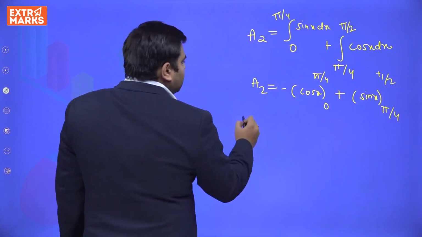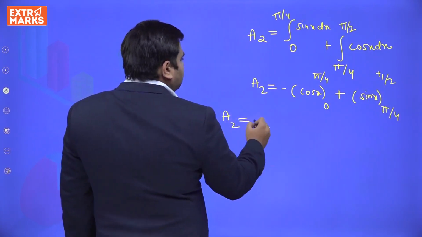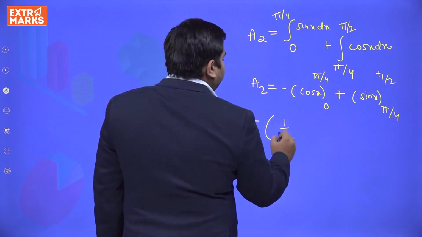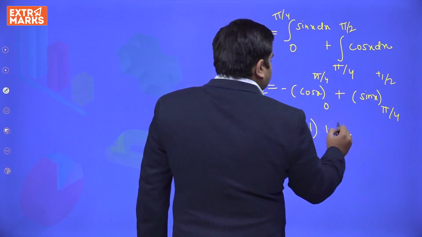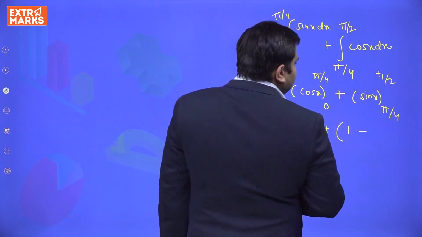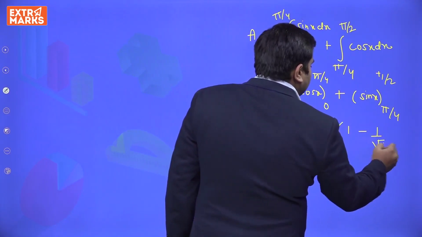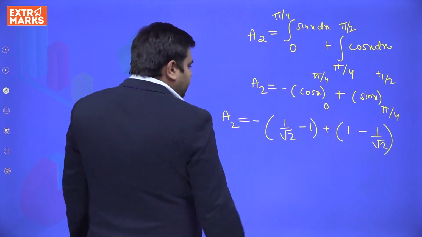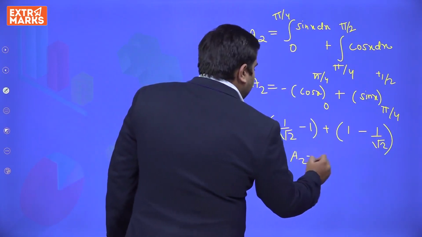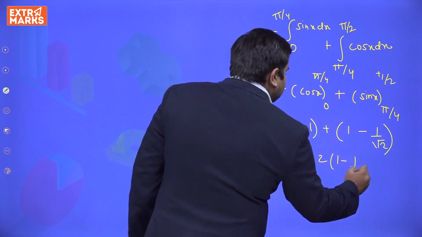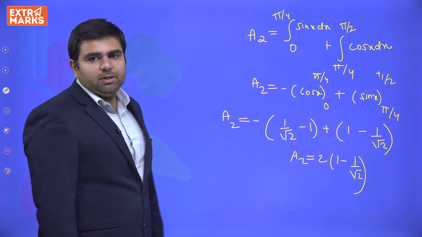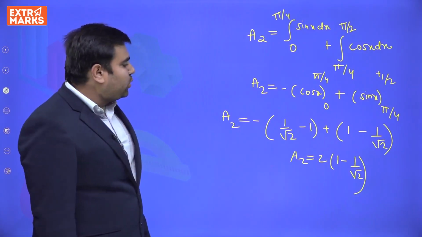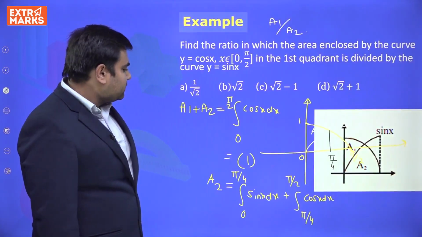This comes out to be cos pi by 4 is 1 by root 2 and cos 0 is 1, plus sin pi by 2 is 1 and sin pi by 4 is 1 by root 2. So a2 is 2 times of 1 minus 1 by root 2.